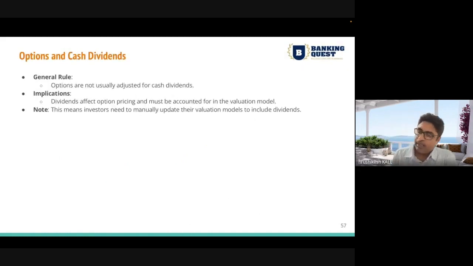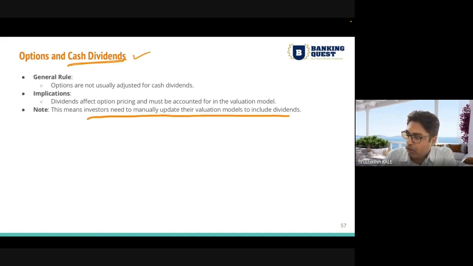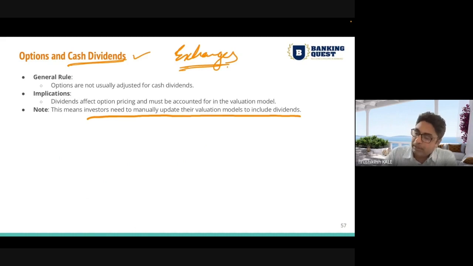Yes. I already told you about options and cash dividends. If there are cash dividends, the investor needs to manually update their valuation model and include dividends. Exchanges will not play any part in cash dividends. So you have a stock, let's say Infosys, and on Infosys you got 20 rupees as dividend.